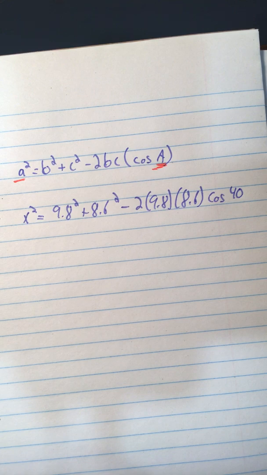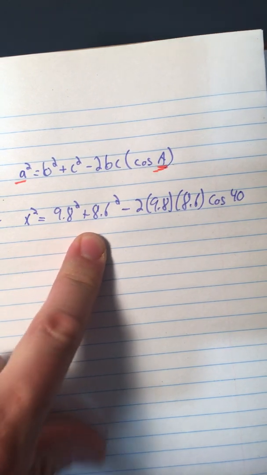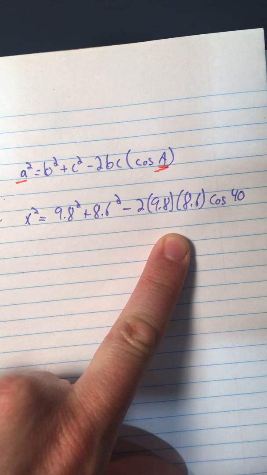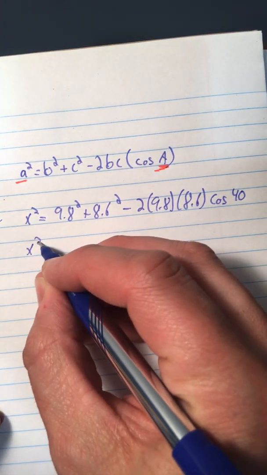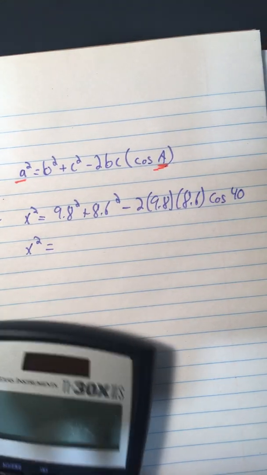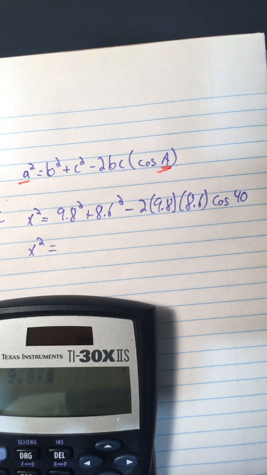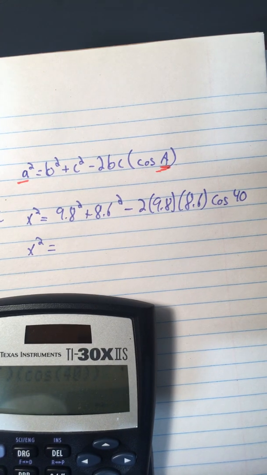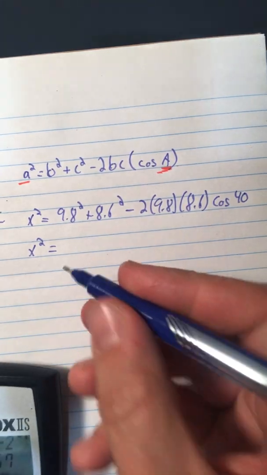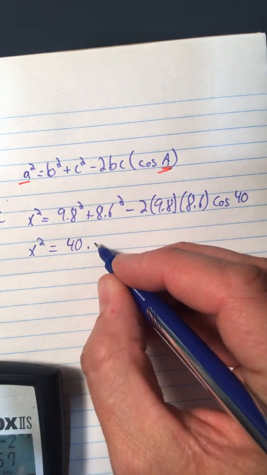Now, you can calculate every single number individually, or you can put it in your calculator properly, and that's what I'm going to do right now. So I have 9.8 squared plus 8.6 squared minus 2 bracket 9.8 and bracket 8.6, times the cosine of 40, and I'm going to get 40.8, and it's going to round to 40.9.